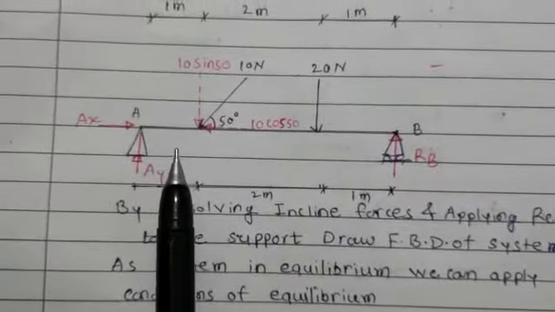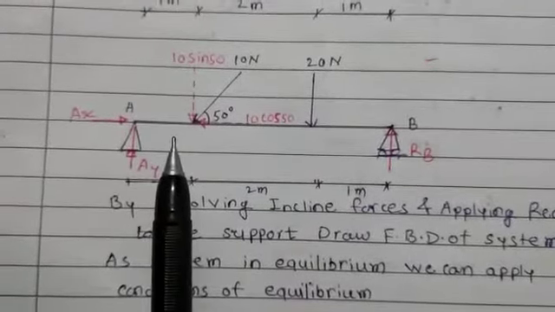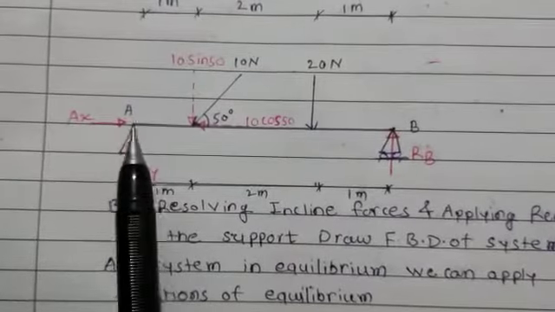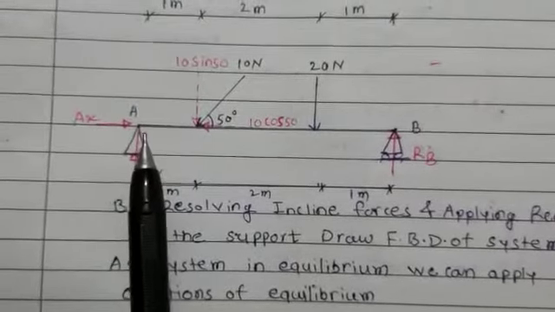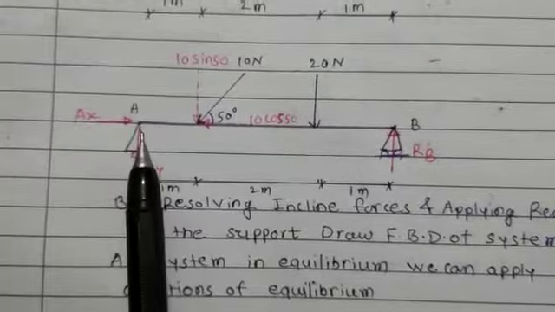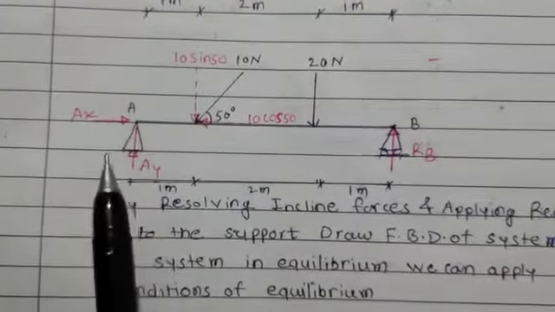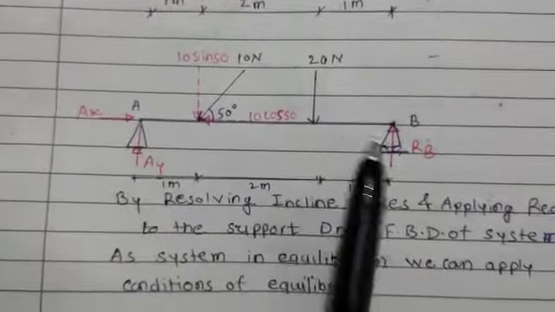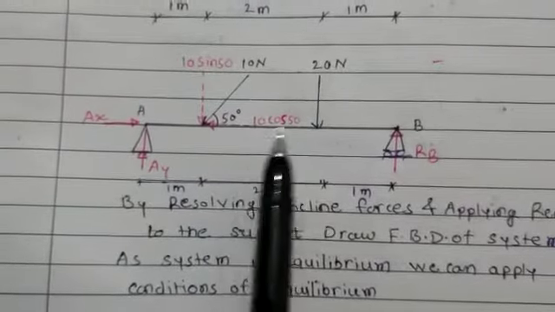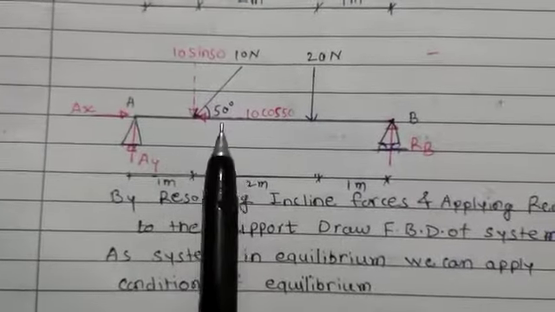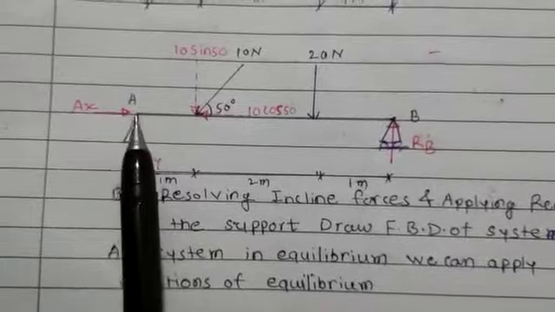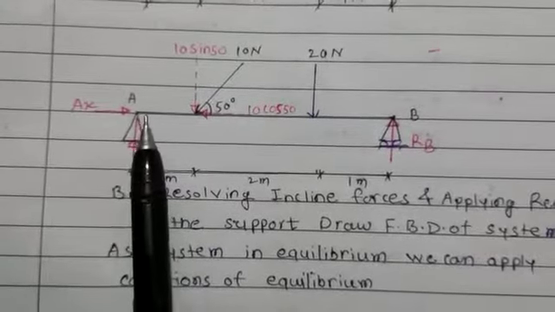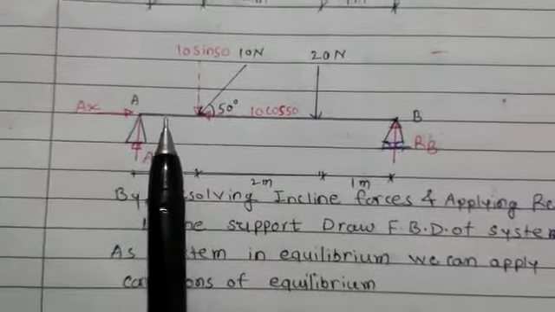So out of this force, the three forces are passing through point A and hence its perpendicular distance from the point A is 0. So AX, AY and this 10 cos 50, the line of action of all these forces are passing through point A and hence its moment will be 0.